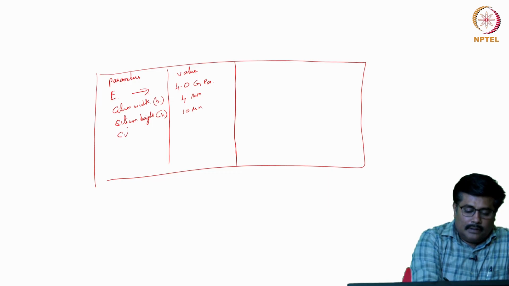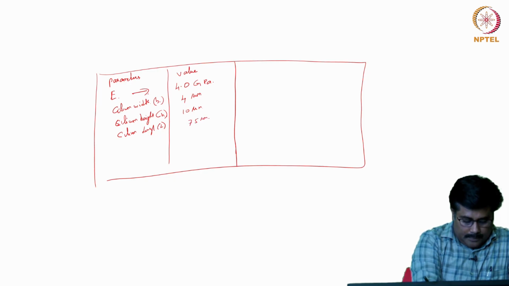And cilium length, L, is around 75 micrometer.